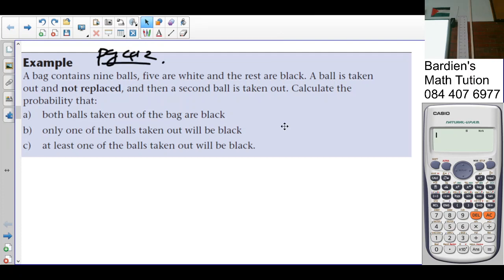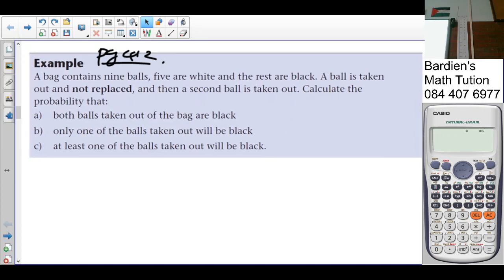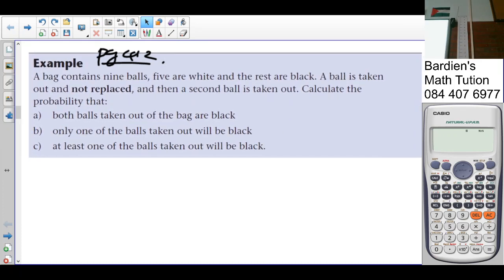So here we are told, we're going to draw this one together now. A bag contains 9 balls. 5 are white, the rest are black. Okay, so when we're busy with dependent events, drawing a tree diagram is going to make our life much easier.